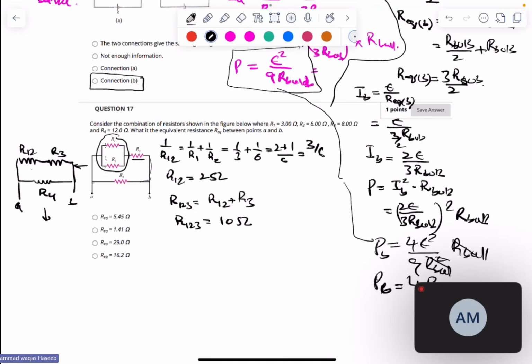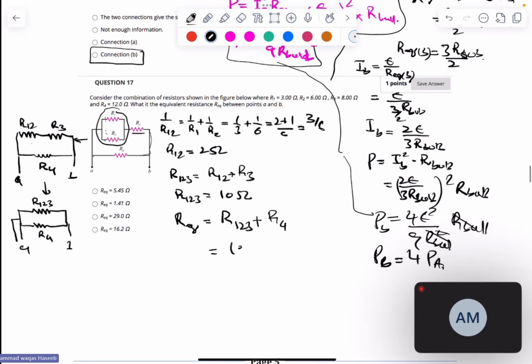Now your circuit will transform like this. So you added these two resistances, the combined effect will be one resistance, and then it is parallel to another resistance, and then they are connected to A and B. So this is your resistance R123 and this is your R4. So the total resistance, which is the equivalent resistance, is R123 plus R4.